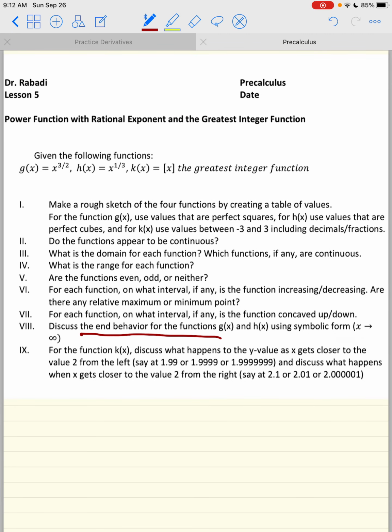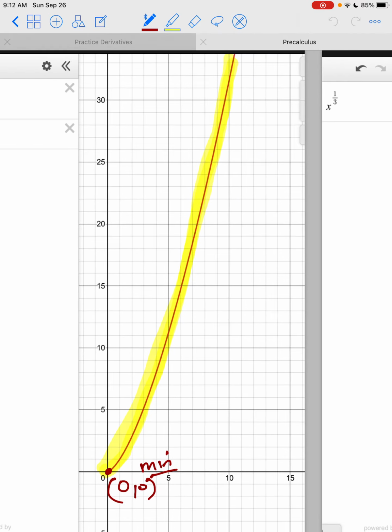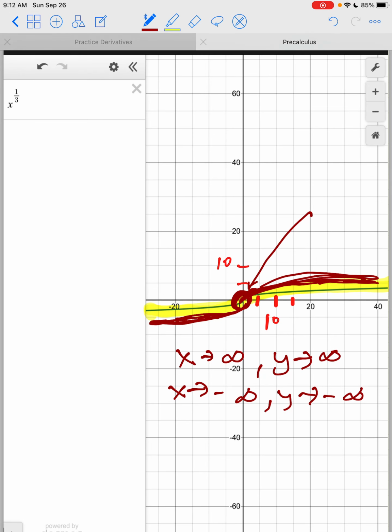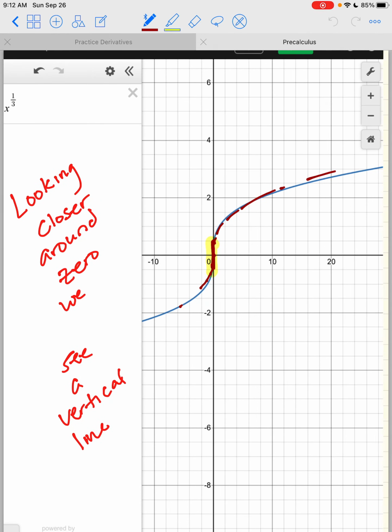Our end behaviors, well, in both cases, as x approaches positive infinity, y, believe it or not, it's going to take a long time to get up there, but it's going to increase. As x approaches negative infinity, believe it or not, it's going towards negative infinity. Also, how do we know that?